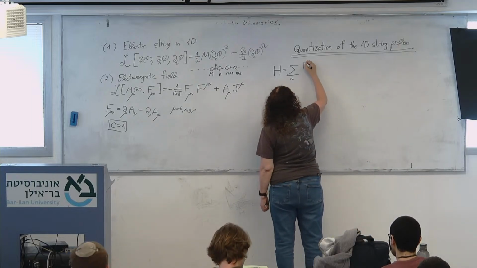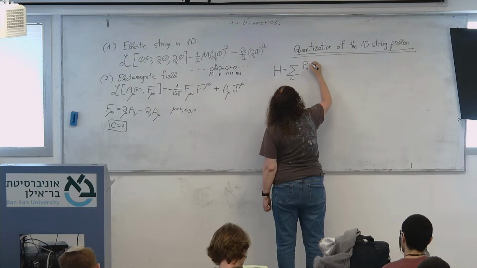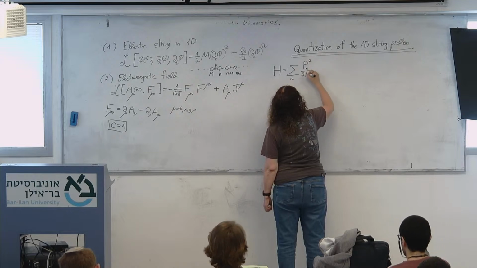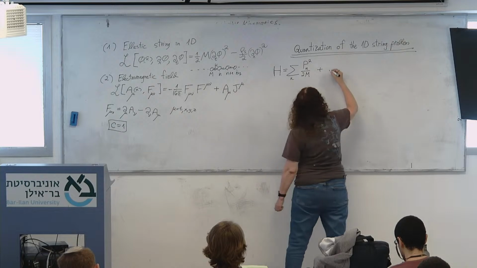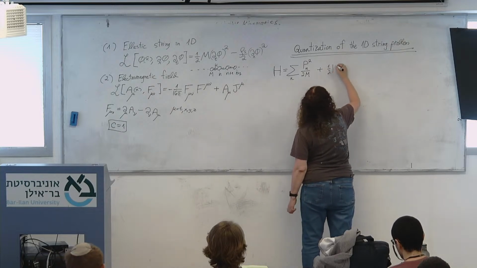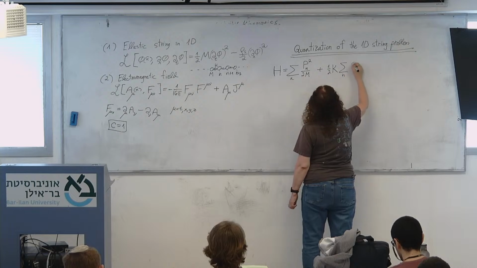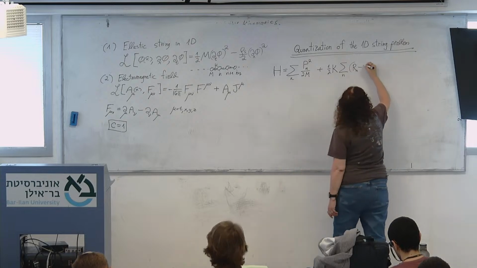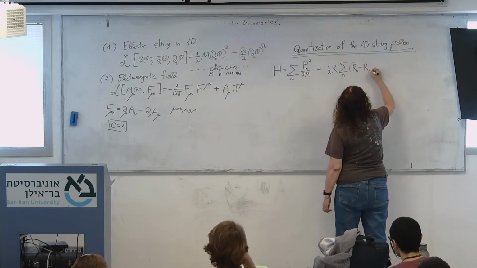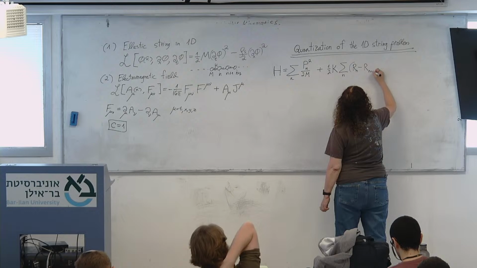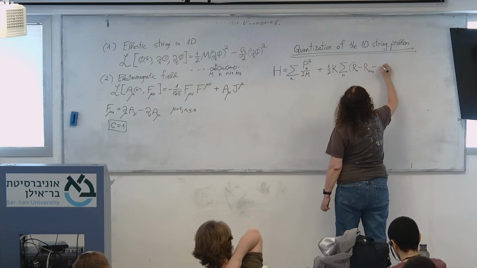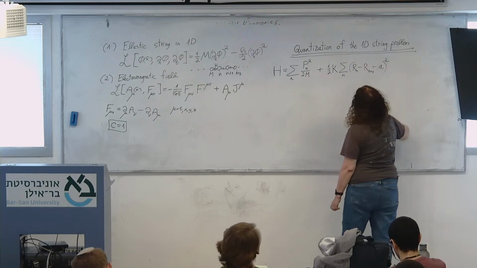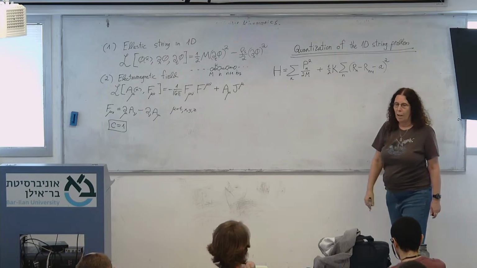The kinetic energy is Pn squared over 2m, and the potential energy is half k sum over n of Rn minus Rn plus 1 minus A squared. Okay, that was the original Hamiltonian.